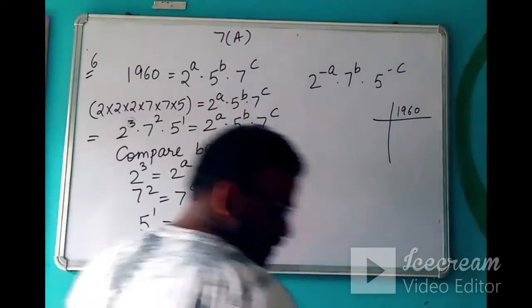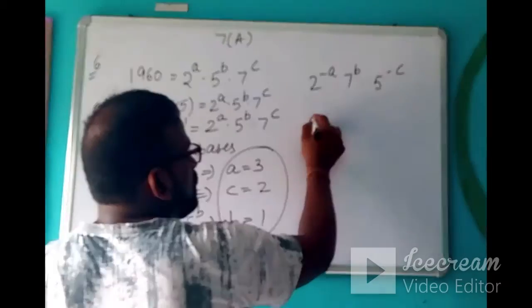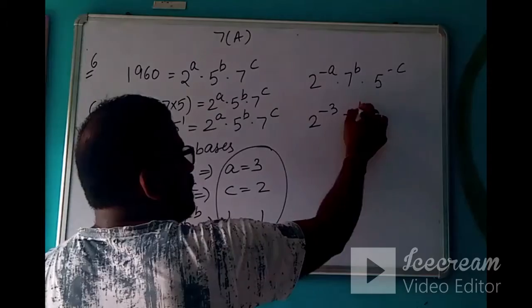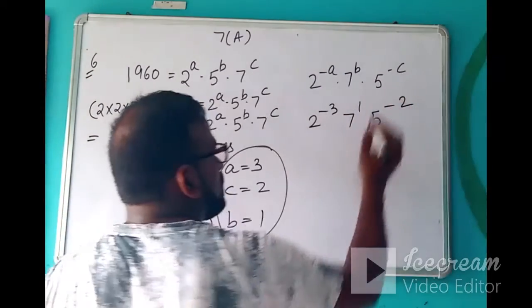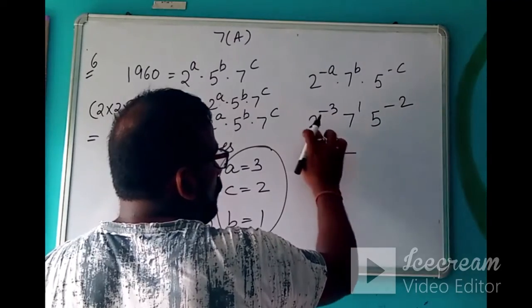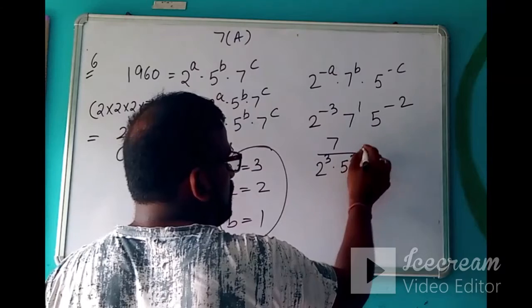Now we will put these values here. So it is 2 to the power minus 3, 7 to the power 1, 5 to the power minus 2. Then I am going to replace the negative exponents with positive exponents.